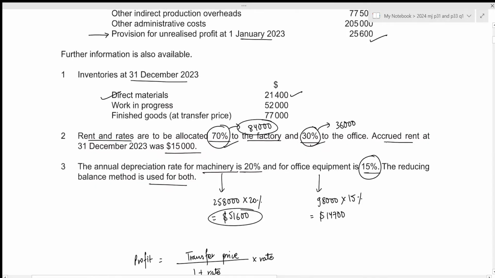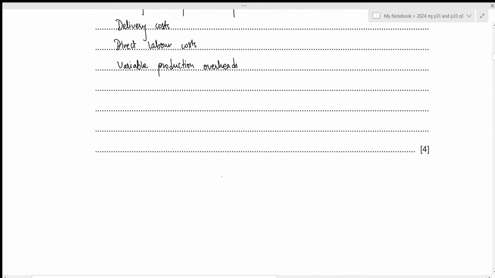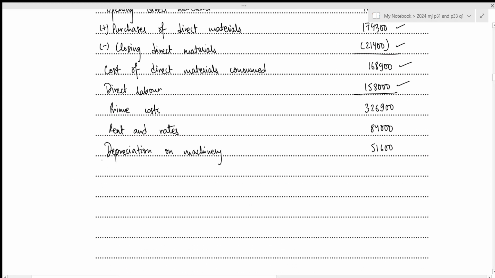Okay. Then we also have other indirect production overheads with the value 77,500. This is also part of our factory overheads because these are the indirect production overheads. Let's write it down. So we have other indirect production overheads with the value of 77,500.